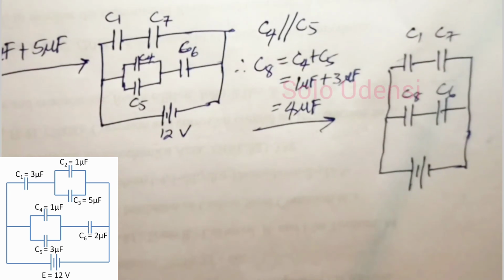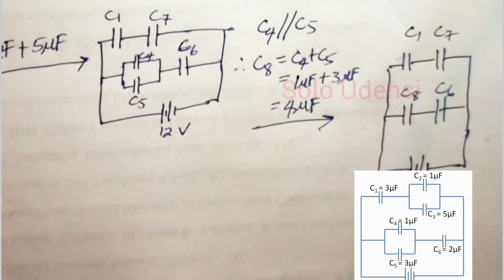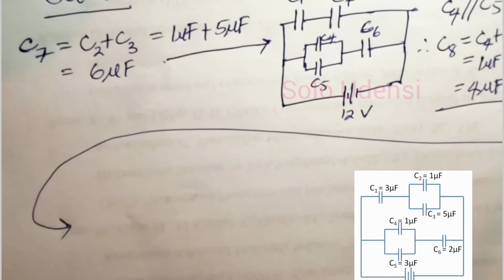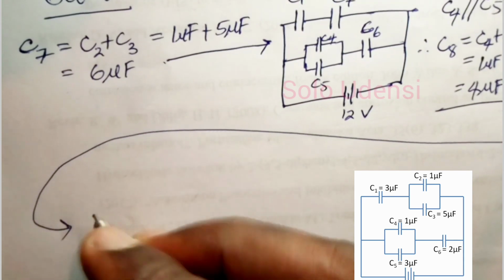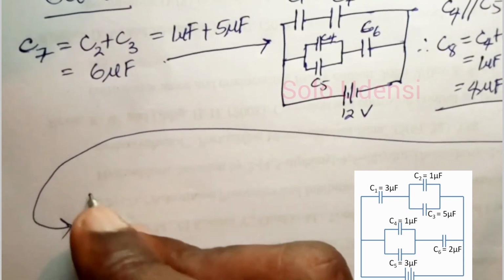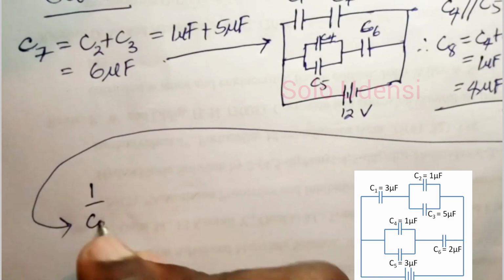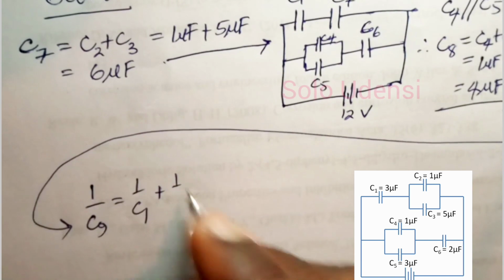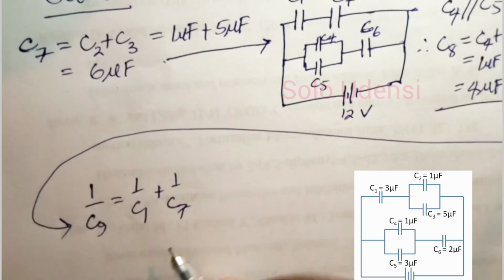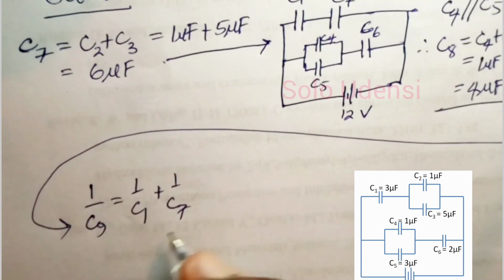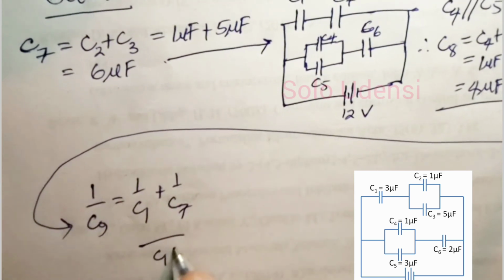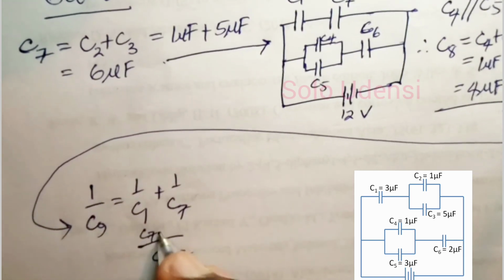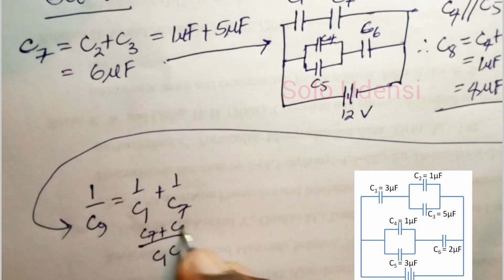So we now have C1 in series with C7. So you say 1 over C9 is equal to 1 over C1 plus 1 over C7, and if we find the LCM, that gives us C7 plus C1 over C1 C7.